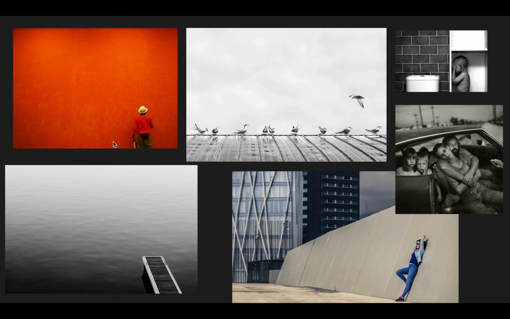Because the subject is not facing the camera, it builds a little bit of tension as to why the subject is looking away. Also, because we have a lot of the background and the subject in isolation, it seems like perhaps there is a feeling of loneliness again, and isolation.